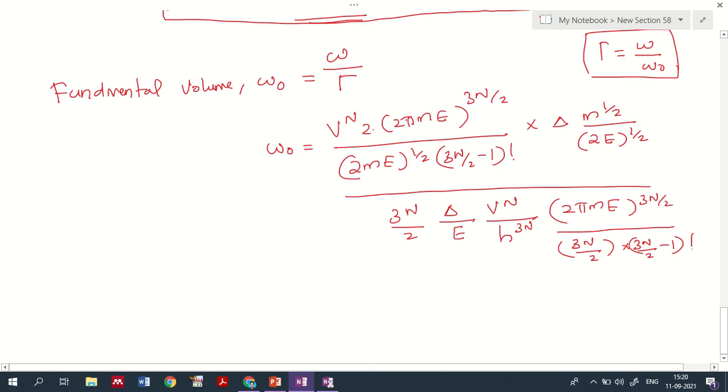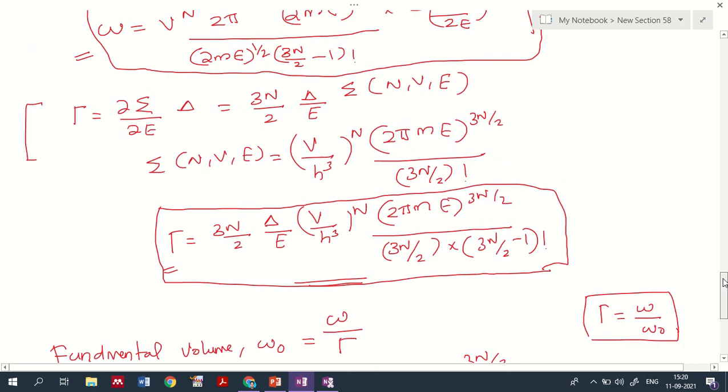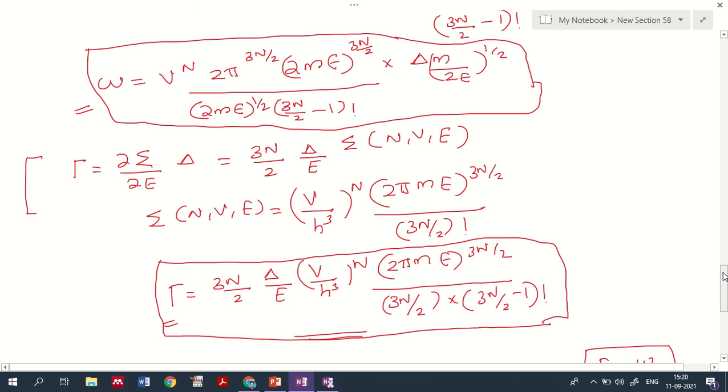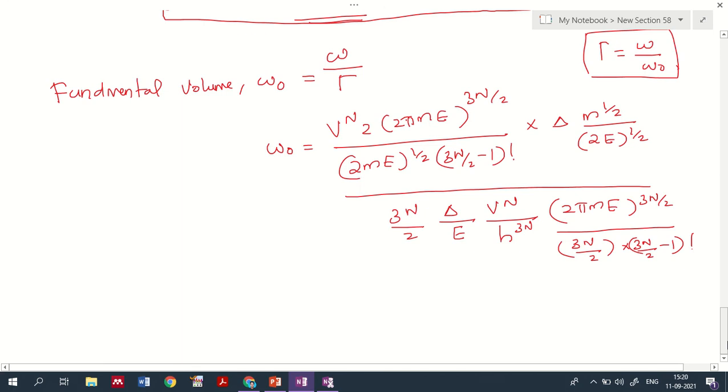This is actually 2 pi, we can take it inside. Let me check how I represented the earlier one. Omega has 2 pi raised to 3n by 2, so I can take this pi raised to 3n by 2 inside. That's why this is 2 pi me raised to 3n by 2.